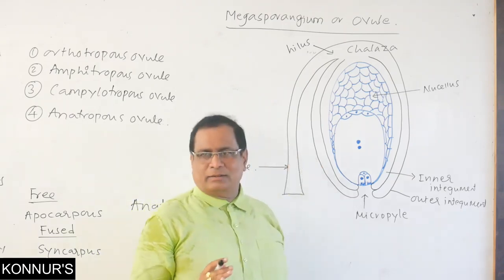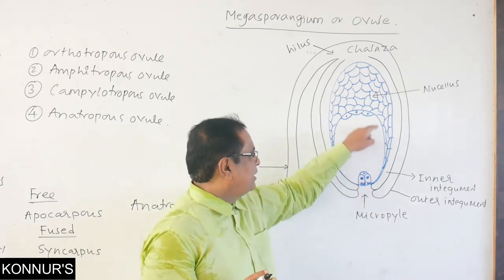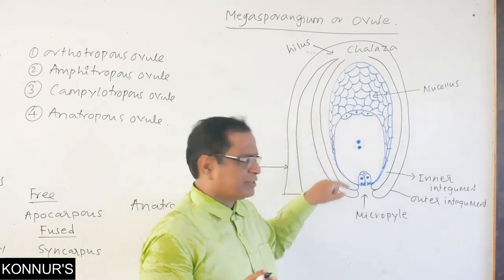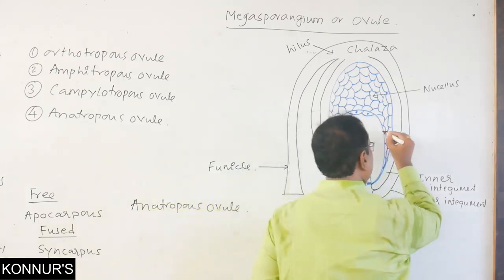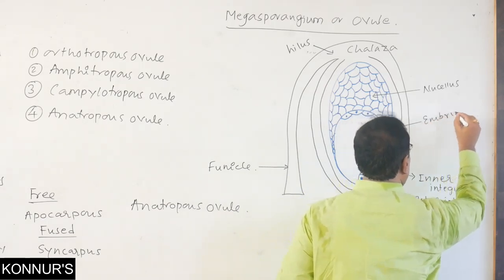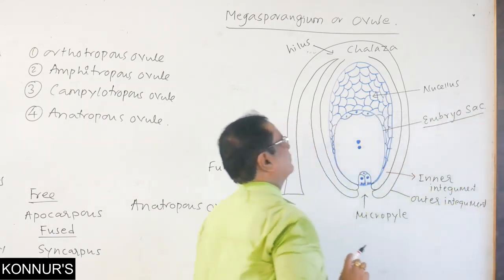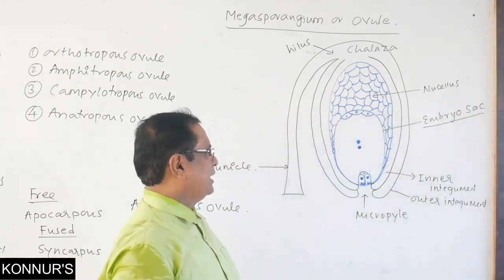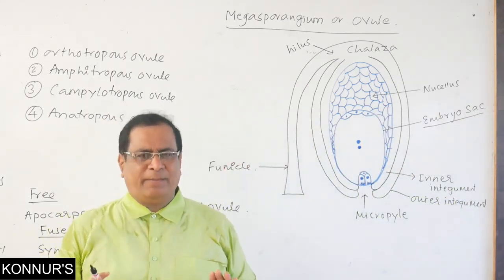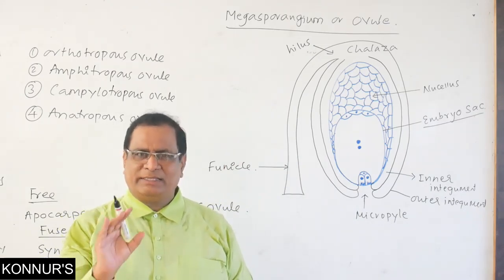In nucellus, towards micropylar end, there is a sac-like structure. This sac-like structure is named as embryo sac, and this embryo sac is a female gametophyte where egg or female gamete is there.